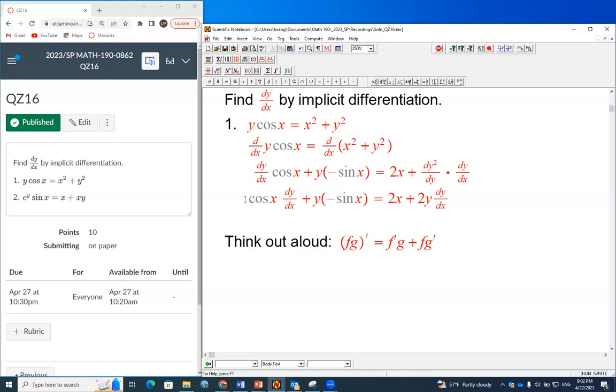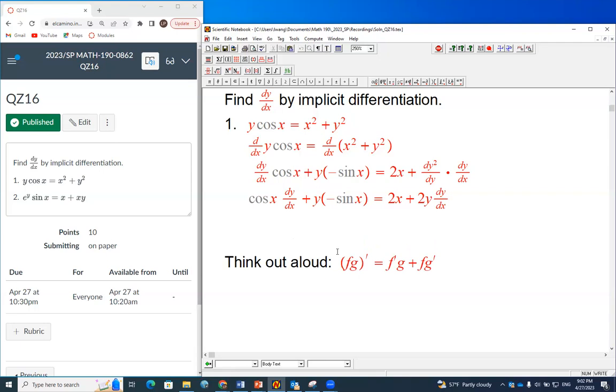And next, we're going to bring terms with dy dx together. So we have cosine x times dy dx, subtracting 2y multiply dy dx.